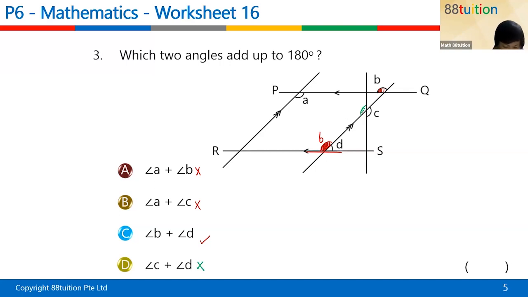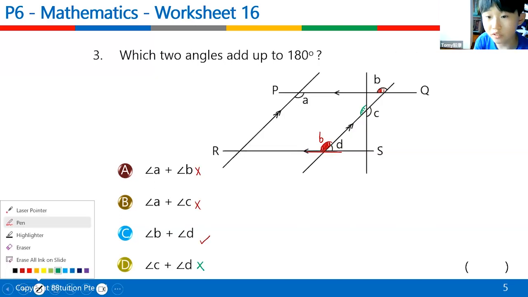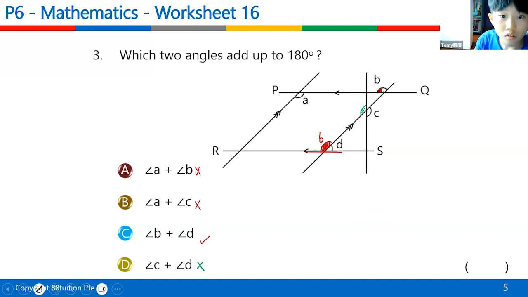Teacher, a question. Why can't you move C to below D? Oh, because they are not parallel. They are on a straight line opposite each other, but they are not parallel. Oh yeah. There's a parallelogram over there. Where's the parallelogram?